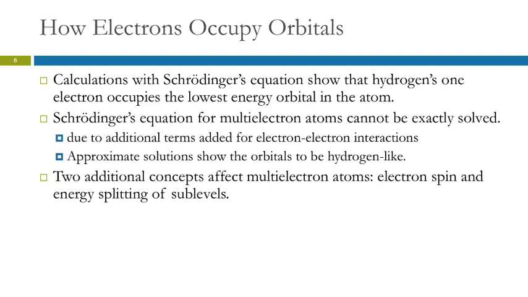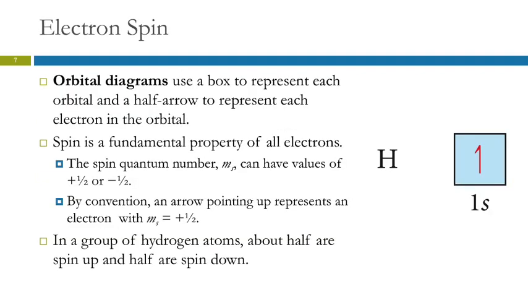And so that makes the math even more complicated. But we can get approximate solutions, and those show that the orbitals in other atoms are hydrogen-like. The two factors that affect multi-electron atoms are electron spin and the energy splitting of sublevels. We'll talk about those.